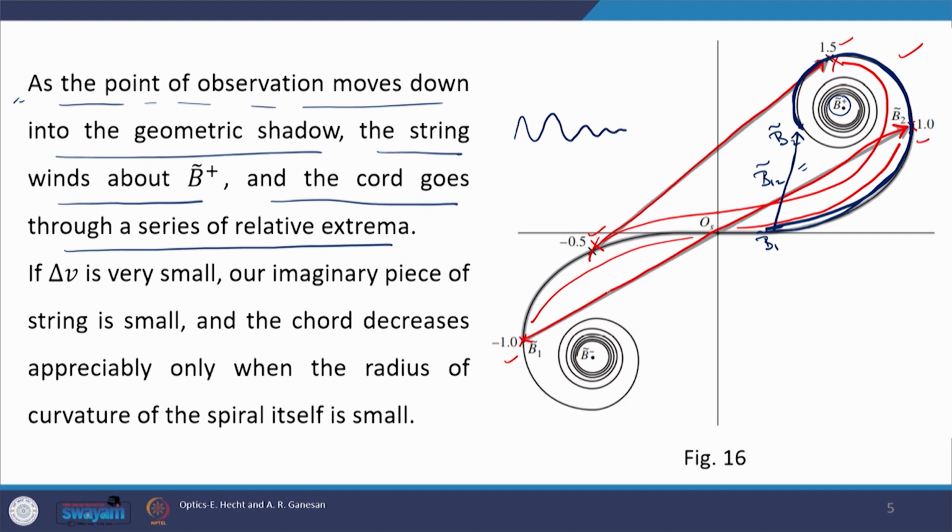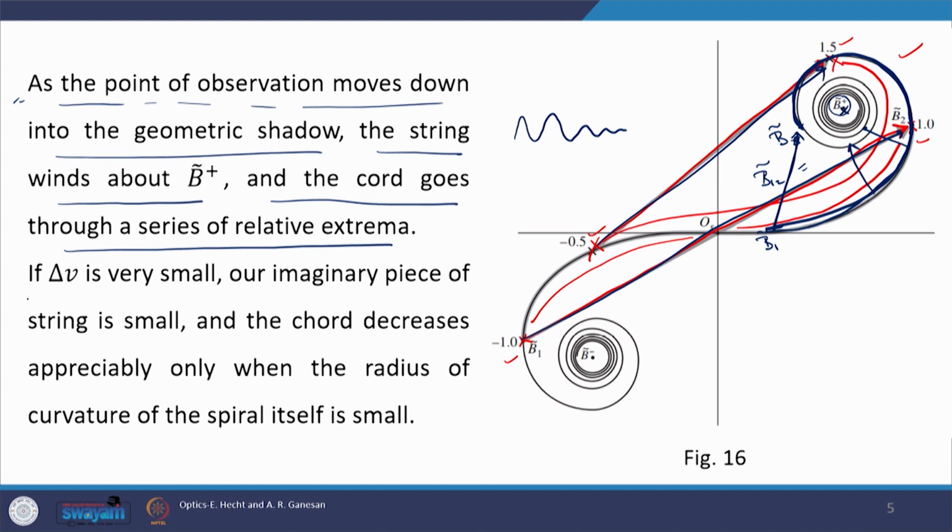Okay. And you can see, this is the maximum length, and then the length got reduced here even smaller, and if you keep going, then you will see that sometimes you are seeing some maximum and sometimes minimum, as the chord, which is delta of length delta V, winds around B plus tilde, which is this point.